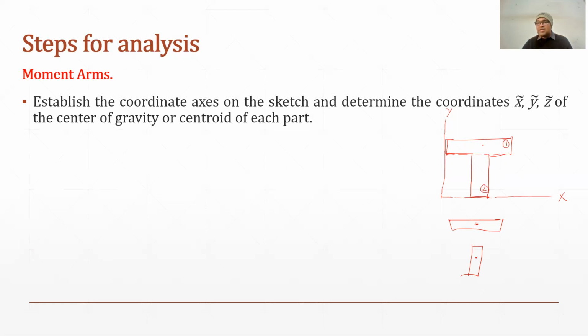So these two rectangles have their own CG or centroid, say this one. The coordinate of this centroid with reference to y, we consider this as y approx, say y approx 1. Similarly, the centroid of the second rectangle will be here, and the coordinate with reference to y, we can consider this as y approx 2.